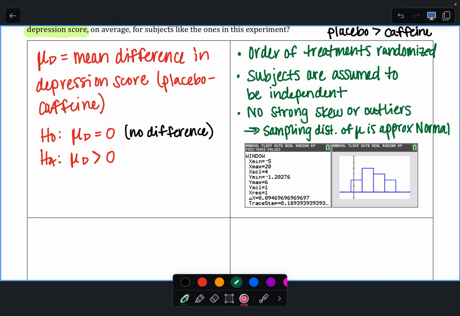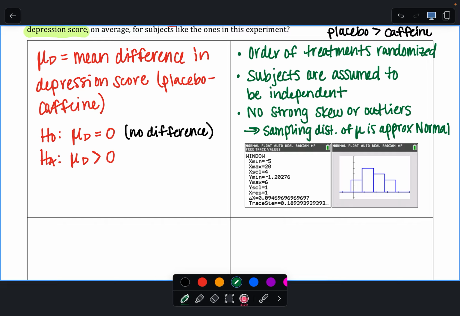Now, I am going to fully go the calculator route on this one because I don't recommend, if you only have data, using the formula because you have to do two things. You have to first calculate the x bar and standard deviation, and then you have to go in and use t to find the p-value.